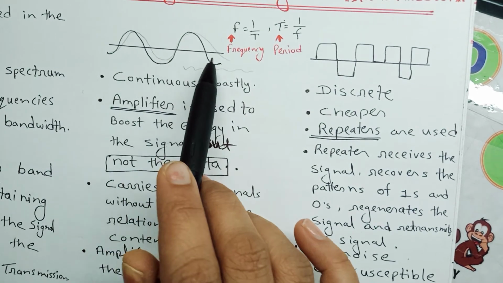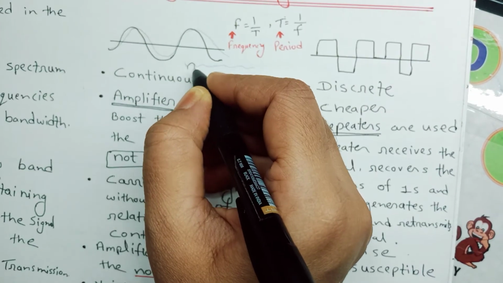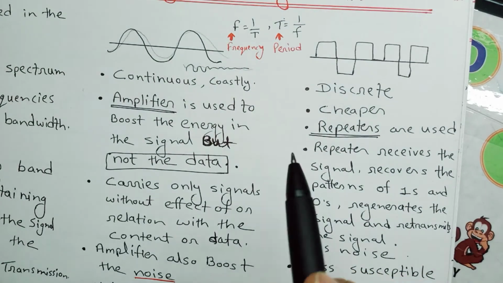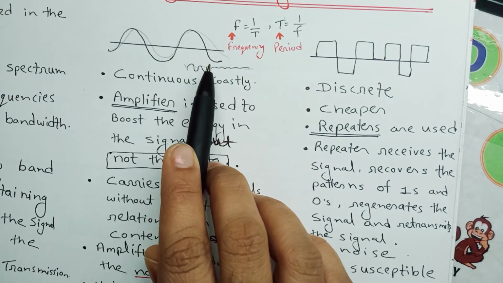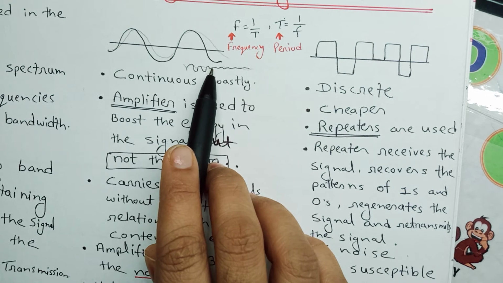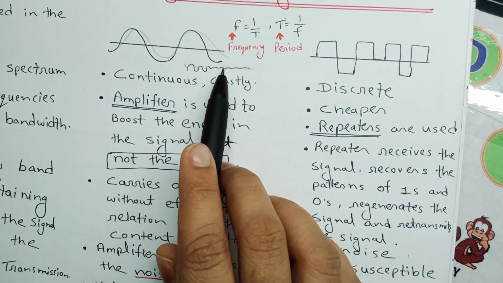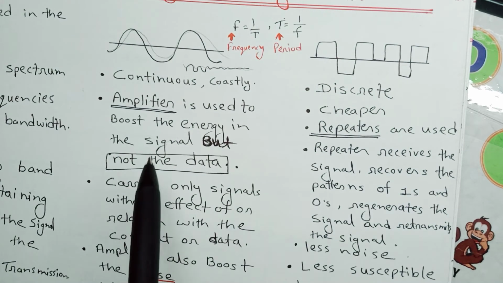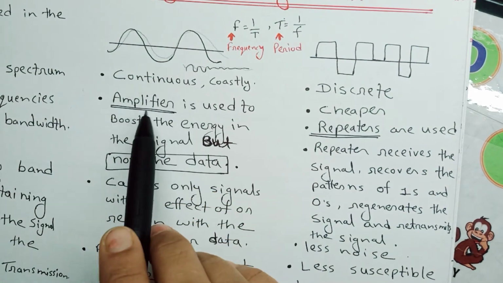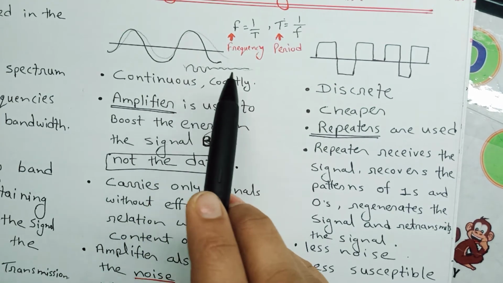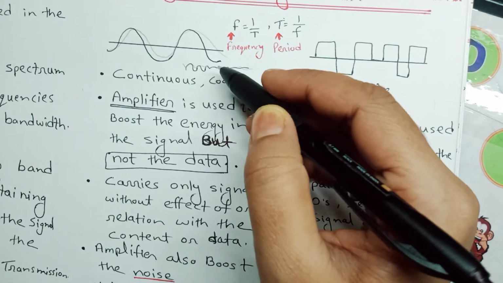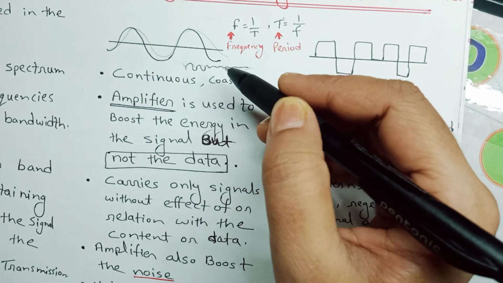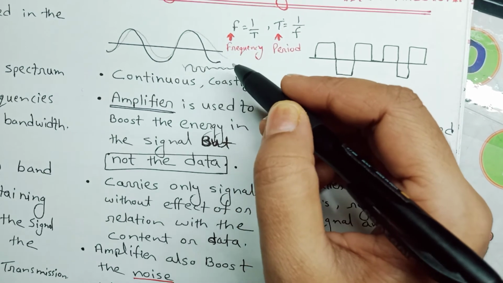As it becomes weaker, we need to apply an amplifier here so we can boost it again. Then the signal comes back in a boosted manner, according to the previous or starting signal.